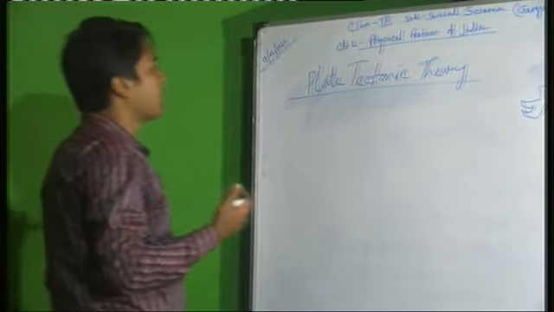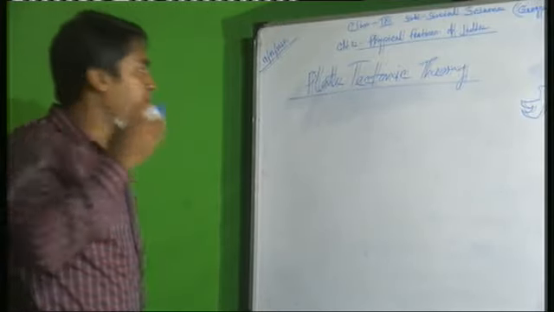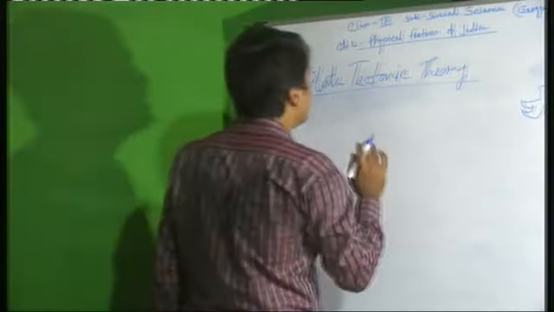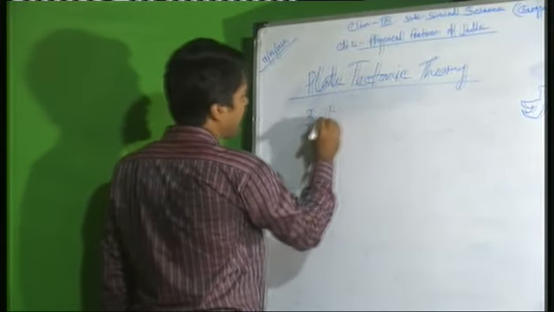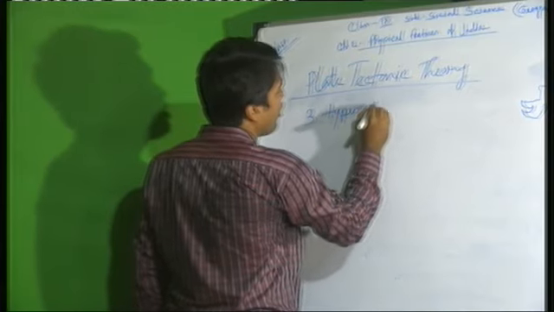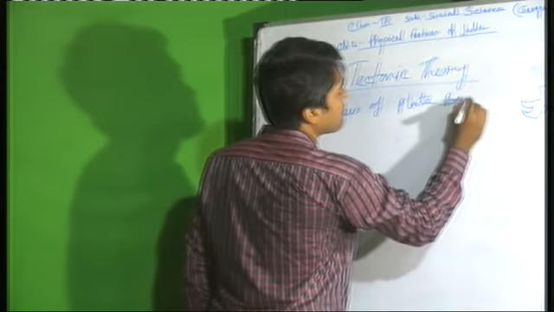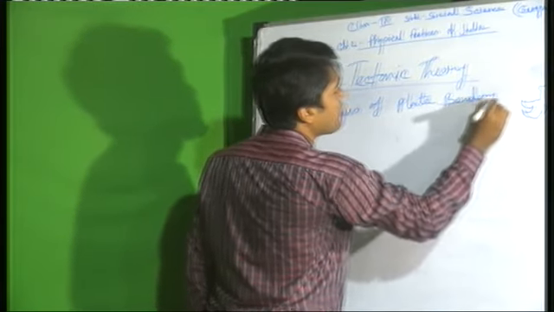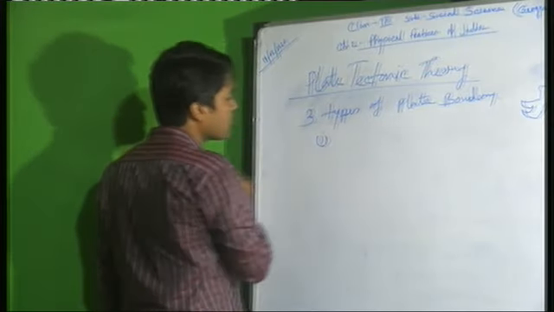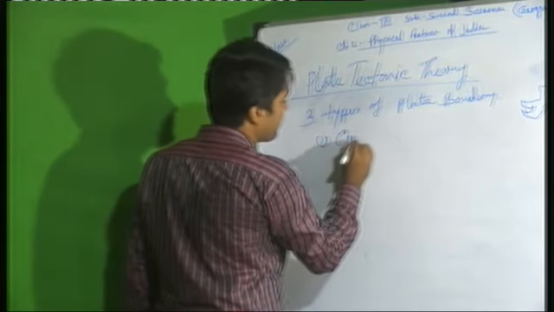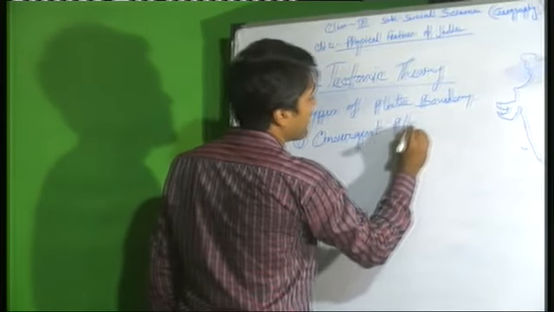In this portion of the plate tectonic theory, now we will discuss different plate boundaries. There are three types of plate boundary. The first one, convergent plate boundary.